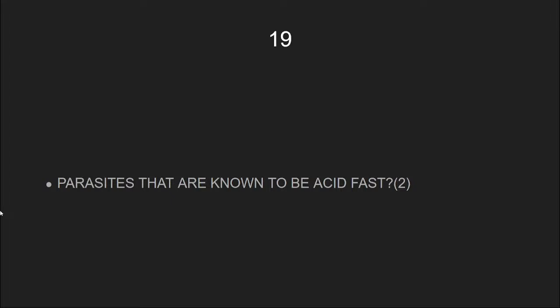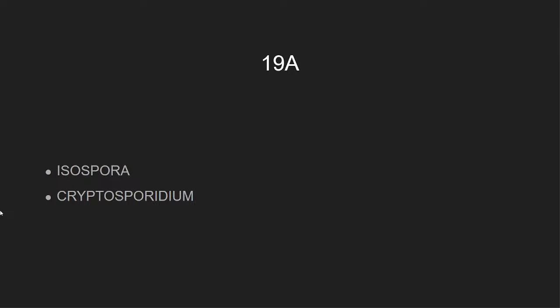The parasites that are known to be acid fast, we have three now instead of two. Cystoisospora belli, Cryptosporidium parvum, and Cyclospora cayetanensis.